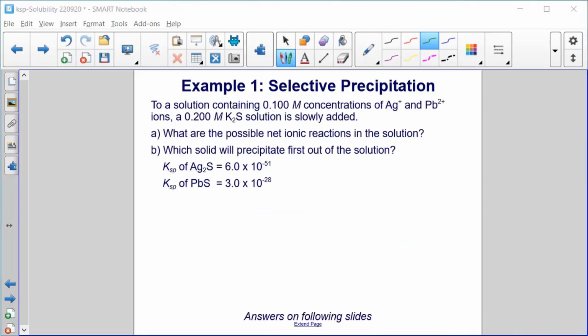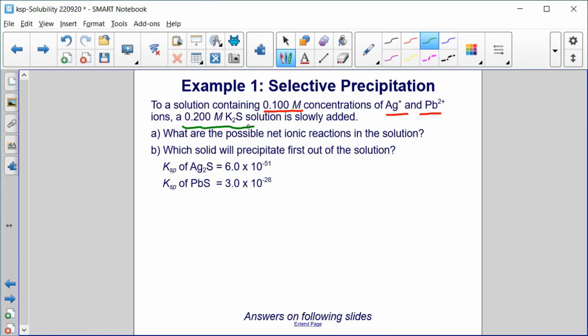Example 1, selective precipitation. To a solution containing 0.100 molar concentrations of silver and lead(II) ions, a 0.200 molar K2S, potassium sulfide solution, is slowly added. A, what are the possible net ionic reactions in the solution?